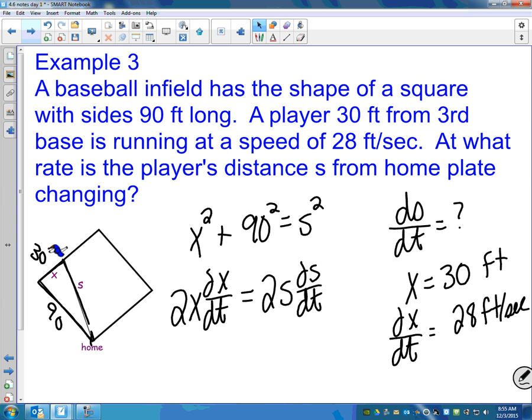So that's where we don't know it by what's given, but using that right triangle, if we know that x is 30 and the other side there is 90, we could do the Pythagorean theorem and find what s is, which is what you have to do in this problem.